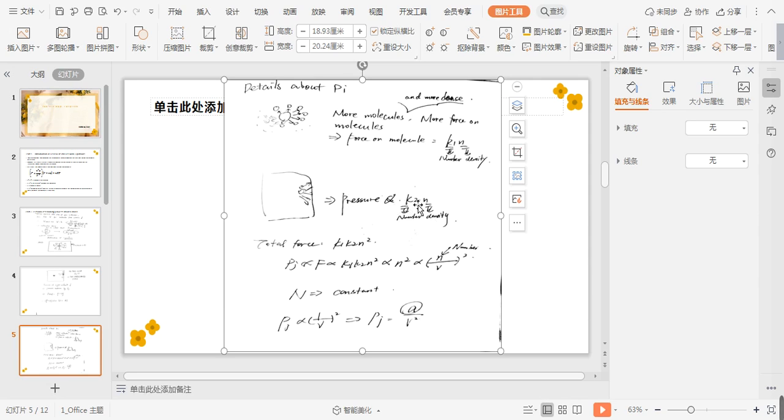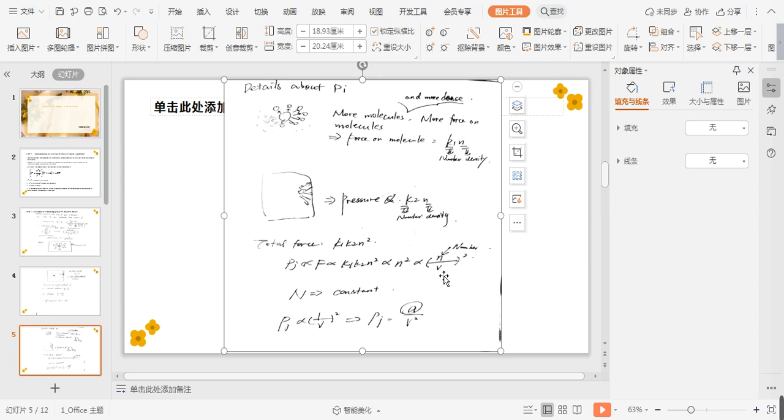So pressure is also closely related to the density, and by combining the first and second diagrams, we know the total force is closely related to K1 K2 n squared, multiplying these two. So we know Pg, the pressure on the wall, is equal to F, the force on the molecule, related to this, and related to this.